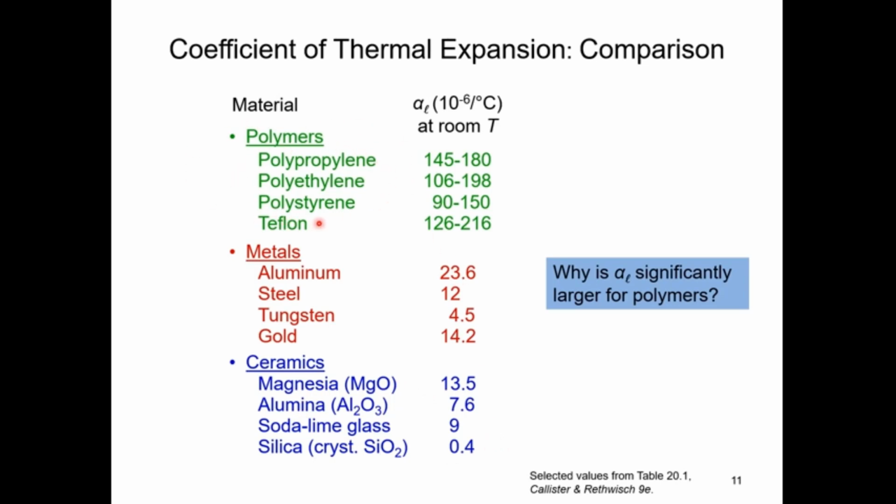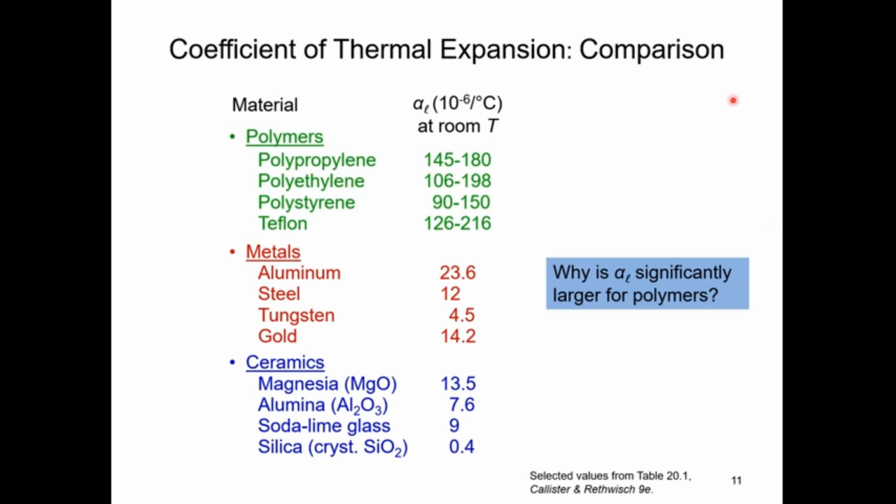This is because polymers have weak intermolecular bonds as compared to ceramics and metals. Because of these weak intermolecular bonds, the molecules are far apart from each other.